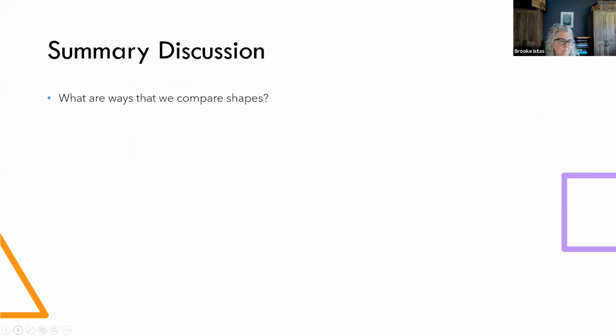So we talked about the ways that we compare the shapes. And so how does looking at the perimeter differ from looking at the area? It's not a trick.